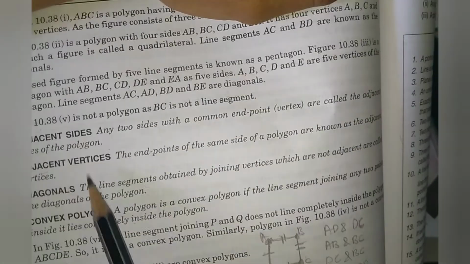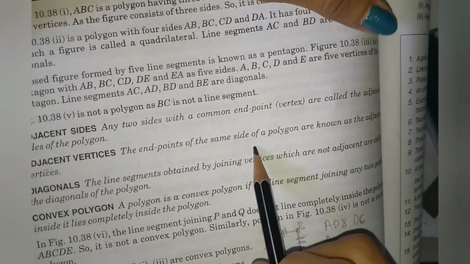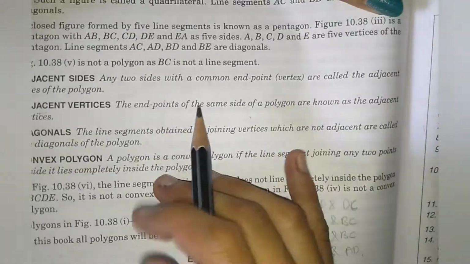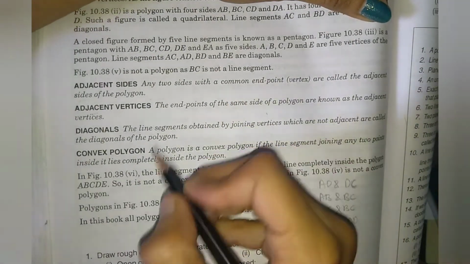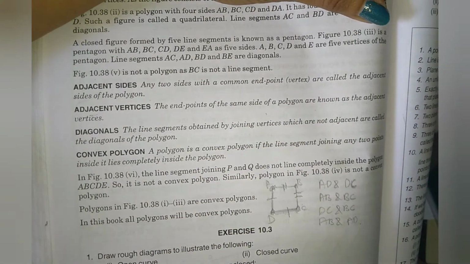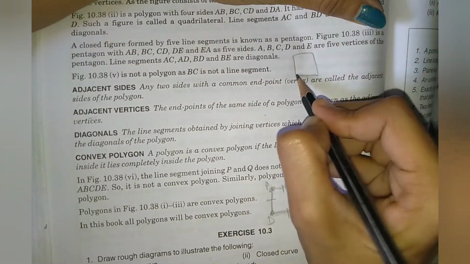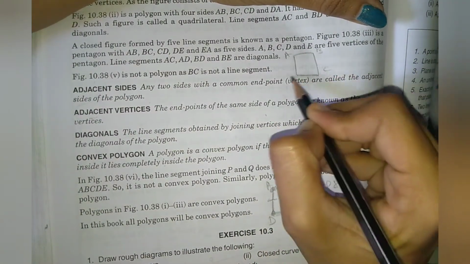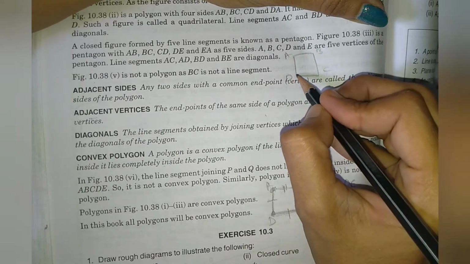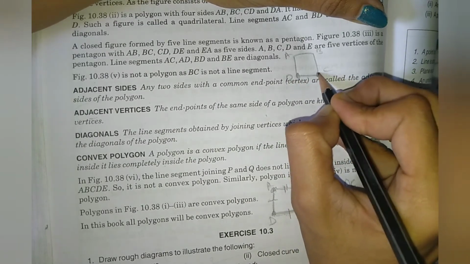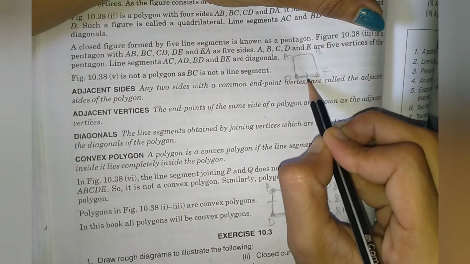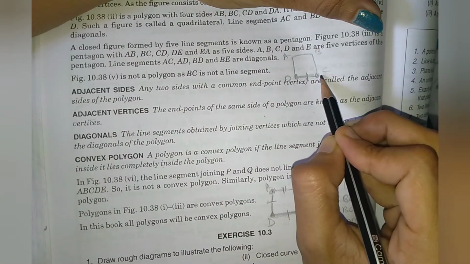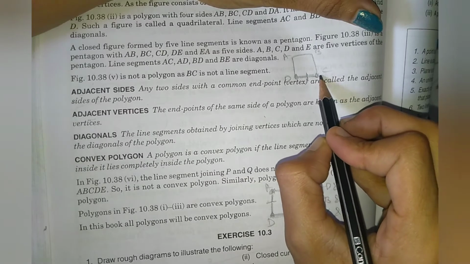Adjacent vertices means the endpoints of the same side of the polygon are known as adjacent vertices. Here you have the polygon ABCD. If you take side DC, then vertices D and C are adjacent vertices.